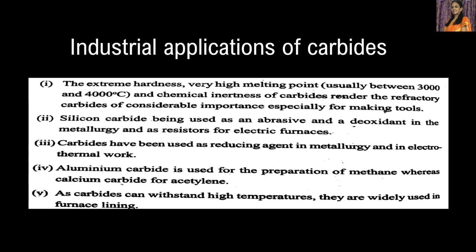Aluminium carbide is used for the preparation of methane because it is a methanide, whereas calcium carbide is used for the preparation of acetylene as it is an acetylide. Carbides can withstand high temperature, so they are widely used in furnace lining.